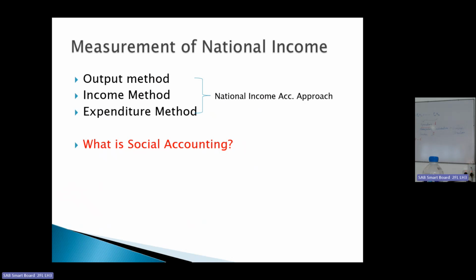This is the GDP, the domestic product. And the expenditure method means how much you spend on consumption, how much on investment, how much is spent by the government on goods and services, and the expenditure on exports. So this is the export spending.